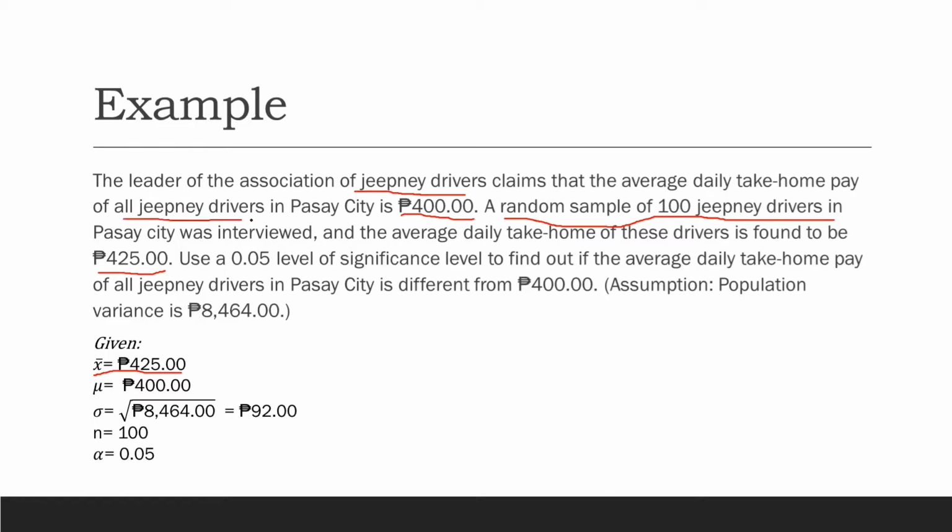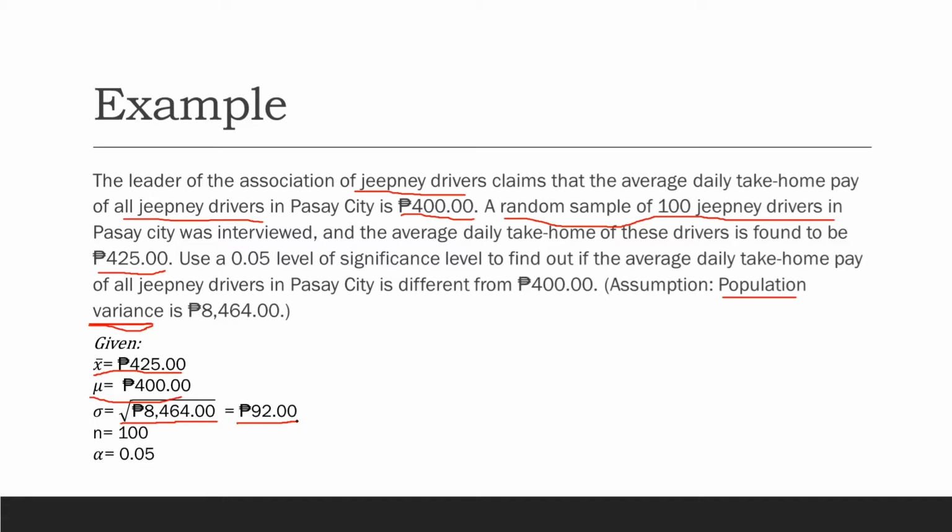All jeepney drivers. And then, the standard deviation, since ang given natin dito is population variance, wala tayong standard deviation. So, to get the standard deviation, we need to get the square root of the variance. So, in-square root natin tong 8,464 peso and the square root of this is 92 pesos. Therefore, the standard deviation is 92 peso.